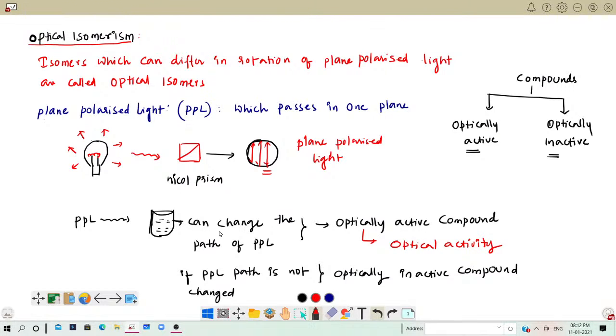Alright. So these are called optically active compounds.